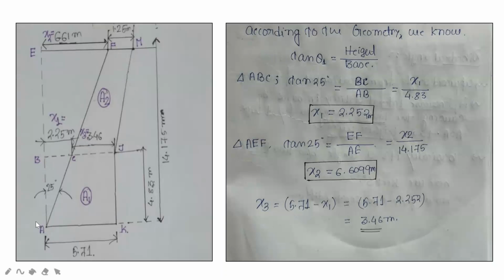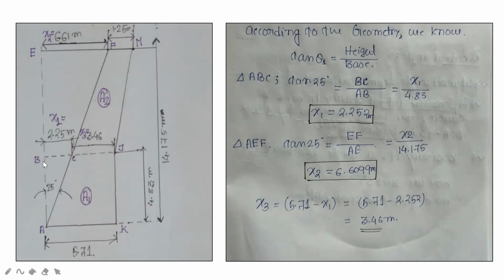From triangle ABC, the sweep angle is denoted as theta1, and it is given as 25 degrees. In triangle ABC, tan theta1 is height by base, where the height is BC and the base is AB.